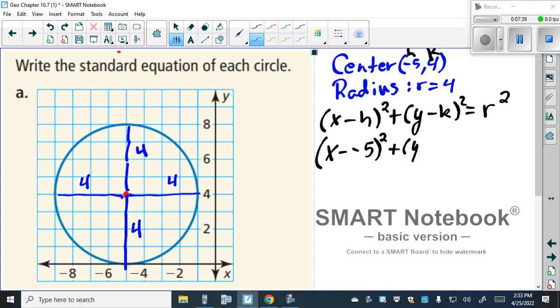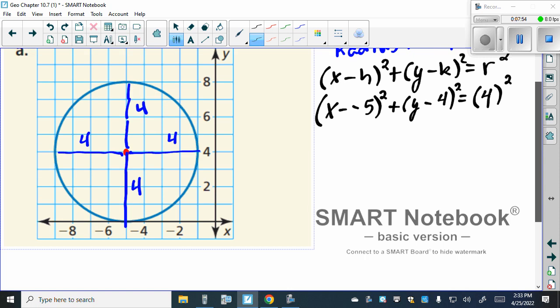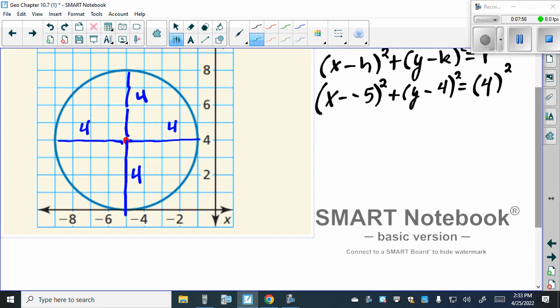Plus (y - k), k is 4, squared is equal to r², or 4². Now, with both of these parentheses here, x minus -5, well, x and 5 aren't like terms, but the negative would make a positive. So we have (x + 5)².